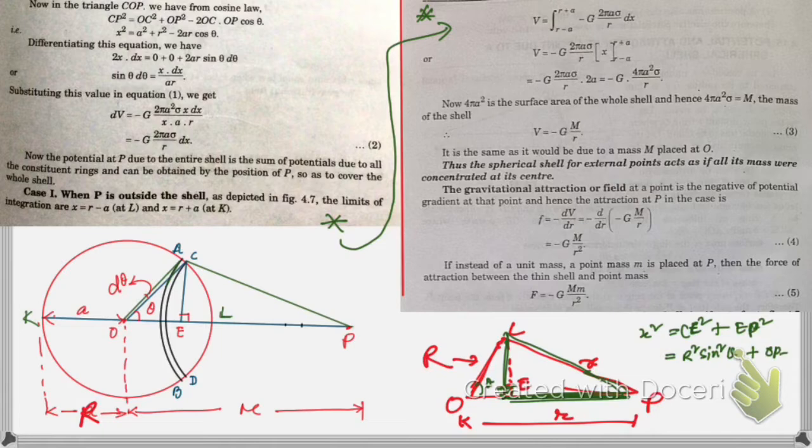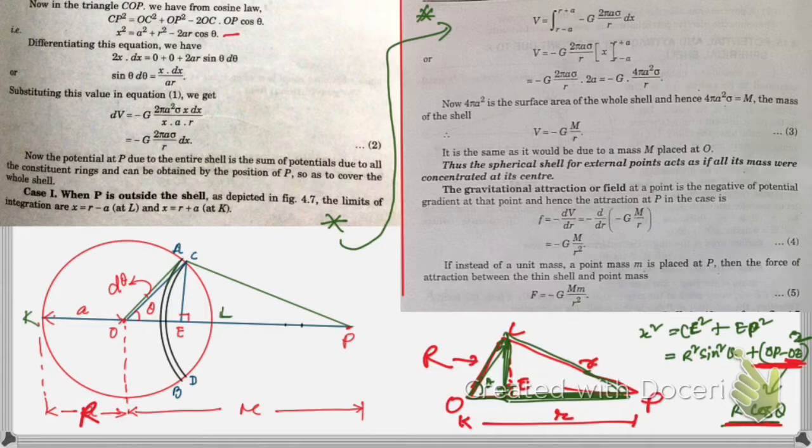So OP minus OE whole square, and OE can be written as R cos theta. From this triangle OCE, you can write OE is equal to R cos theta. And if you replace this OE, and if you apply here the a minus b whole square formula, and if you simplify, then you will get this result.